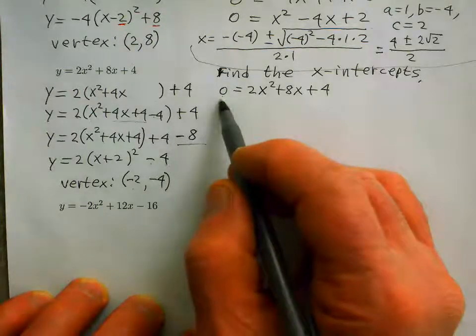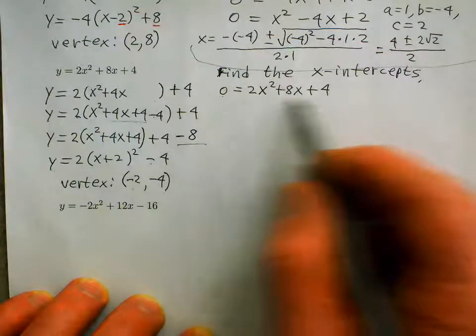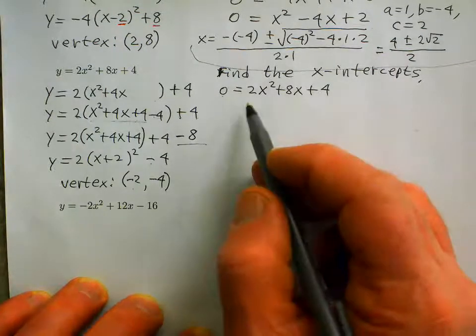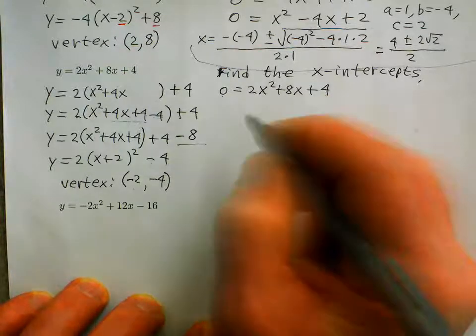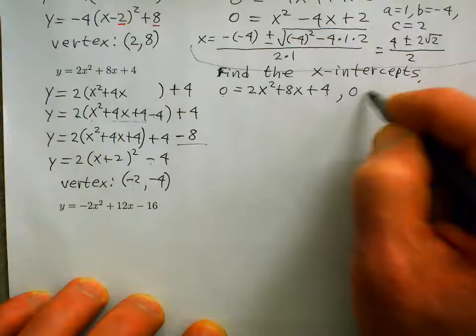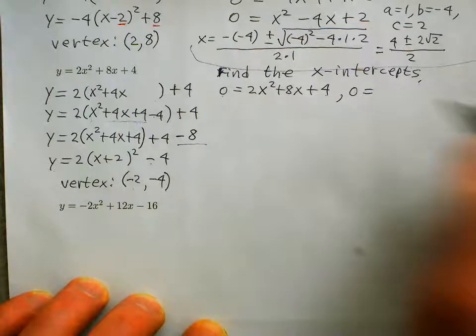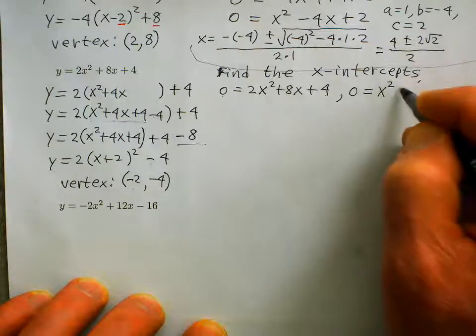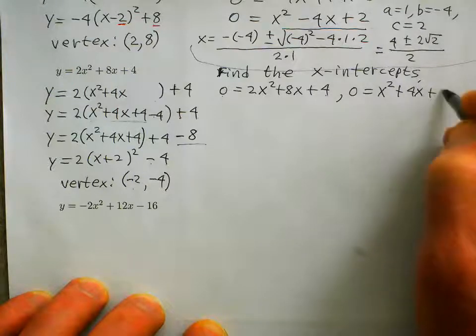Here we can divide both sides by 2, since the coefficients and the constant are multiples of 2. 0 divided by 2 is 0. And then 2x squared plus 8x plus 4 divided by 2 is x squared plus 4x plus 2.